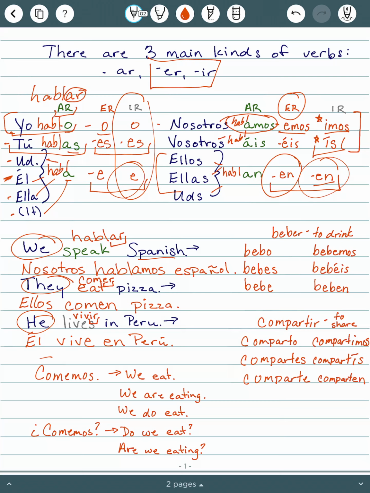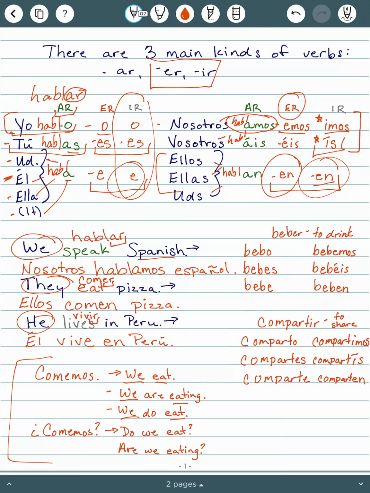Now let's look at how these translate. There are a few other options here, but basically if it is a sentence, it will always be we and something about eating. As long as it's in the present tense, then you're pretty much covered. So comemos could be we eat, we are eating, or we do eat. And it really just would depend on what translates the best in each situation.